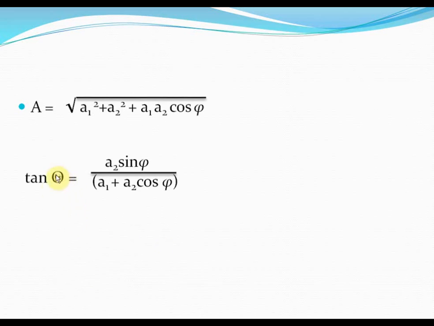Thus, theta represents the final phase at the origin for the resultant wave, and capital A represents the amplitude of the resultant wave. So that was the equation of the final resultant wave when the phase difference between the two waves is phi, and the angular frequency and the wavelength are the same for the two waves.